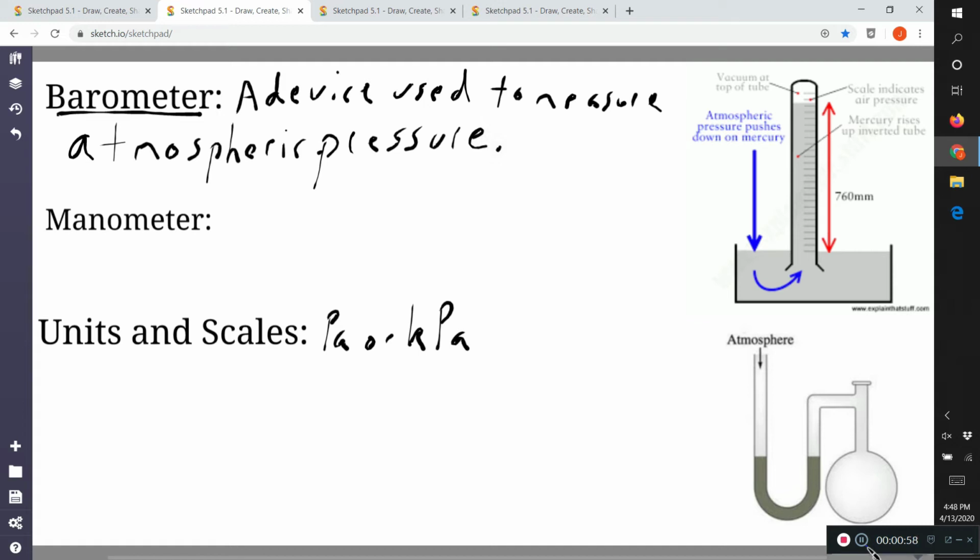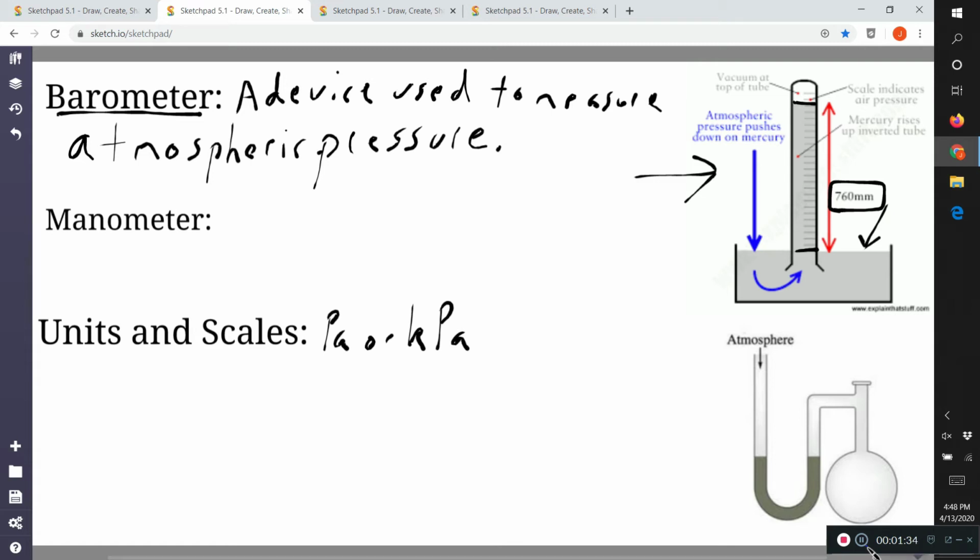It was developed by Evangelista Torricelli, and this is an example of a barometer. So the liquid inside of there is mercury, and this part is open to the outside air, and at standard pressure it will push the mercury up the tube. Standard pressure is 760 millimeters. And when they say millimeters, millimeters of what? It's millimeters of mercury in the tube.